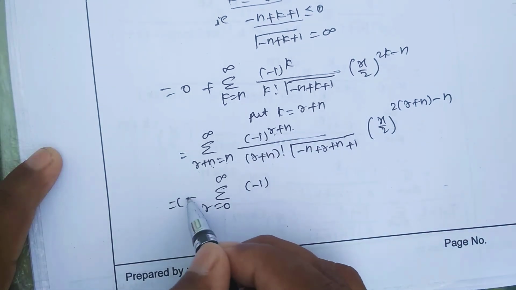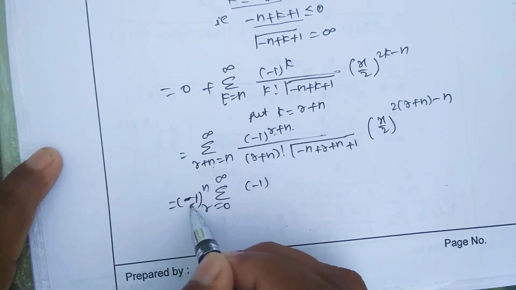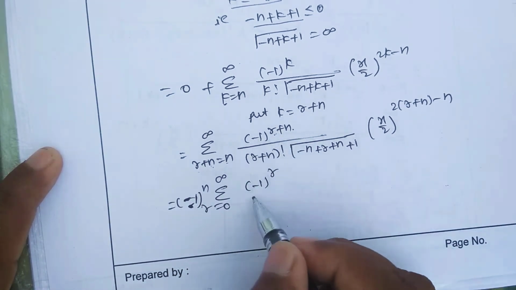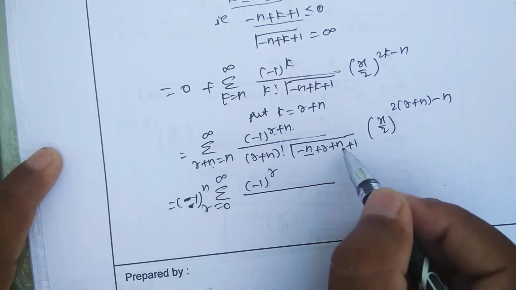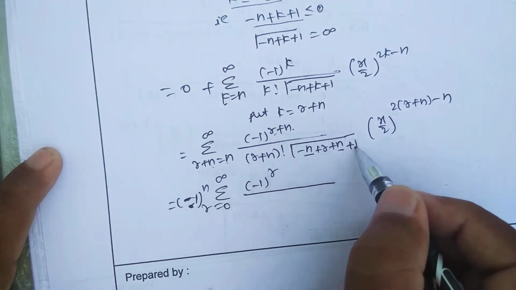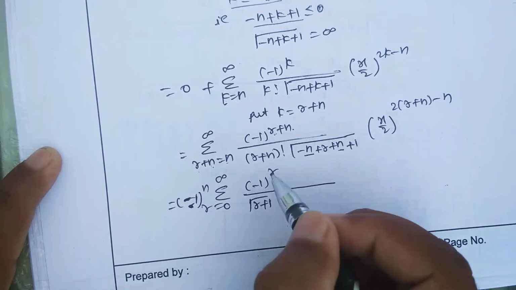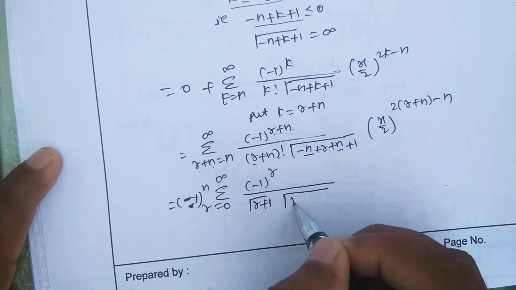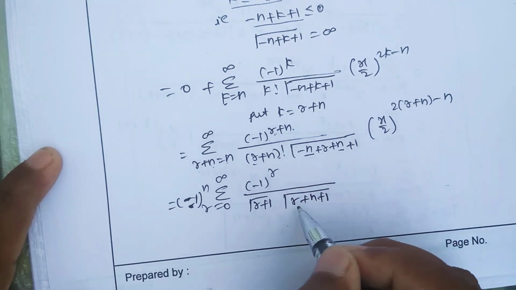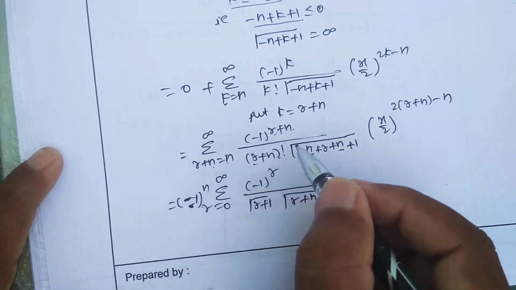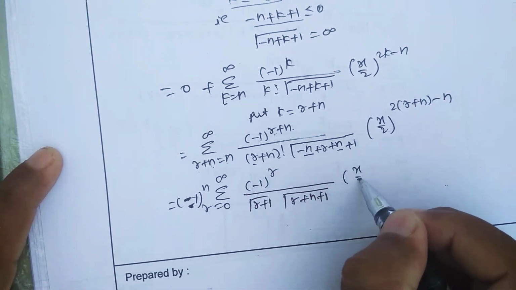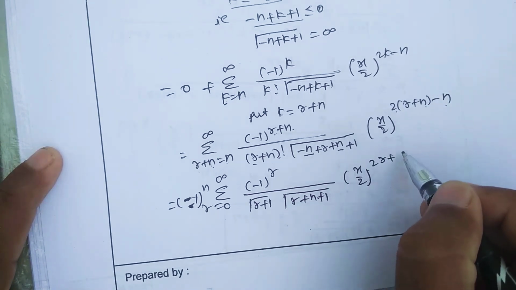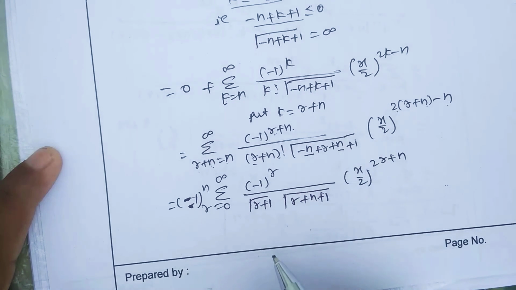Taking minus 1 raised to n outside, we will get here minus 1 raised to r upon, now this minus n and plus n get cancelled, you will get here r factorial, and gamma of r plus n plus 1, because the value of gamma of r plus n plus 1 is r plus n factorial, into x by 2 raised to 2r plus 2n minus n. So that is 2r plus 2n minus n, that is plus n.